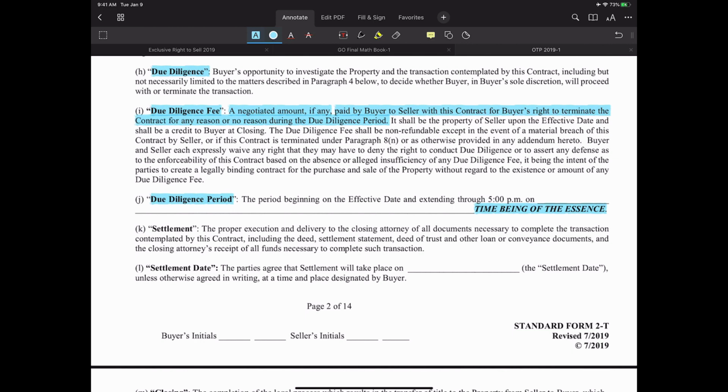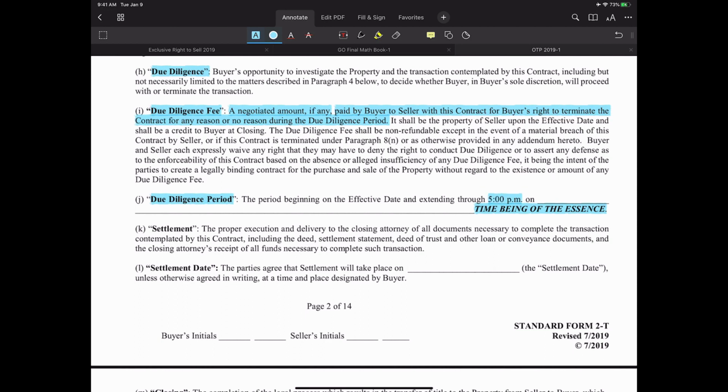I know we're going to talk about it later, but I'd just like to say it up front. While they're buying that time and they're buying the right to walk away, you want to make sure your buyer understands they need to do inspections. Yes, now they're under no obligation to do it, of course, but they lose all their leverage after the due diligence period expires, so it makes sense to do it within that period of time. And that's 5 p.m., time being of the essence.